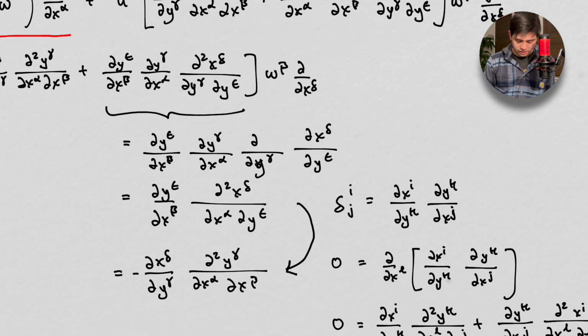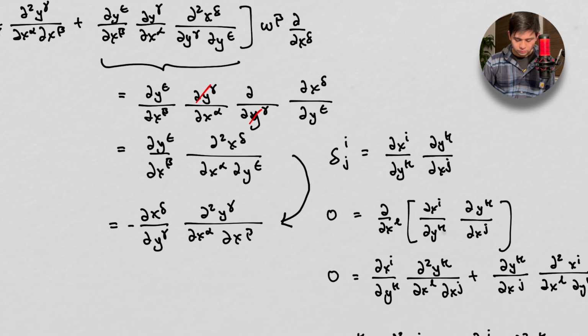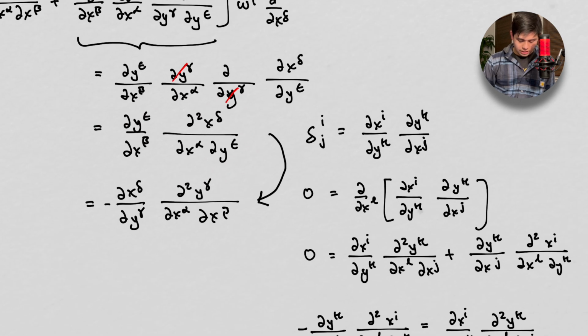But these guys right here are essentially going to cancel. You can think of those guys as canceling. And then we have this guy right here, and this is equal to this guy, right?